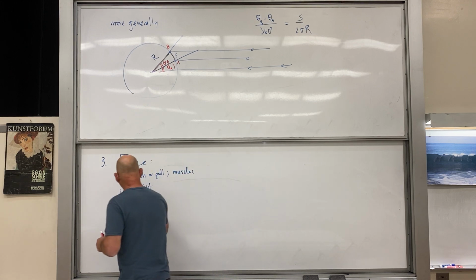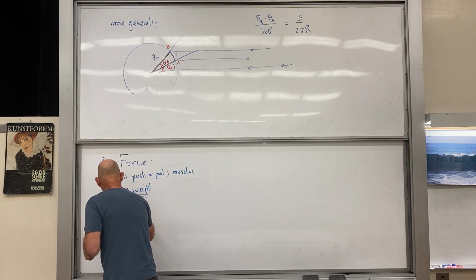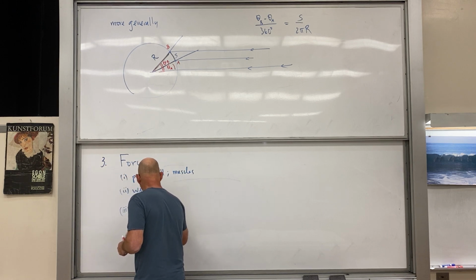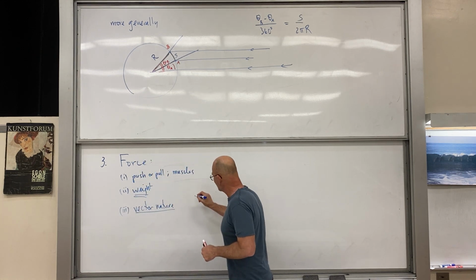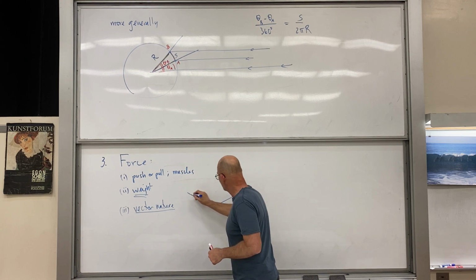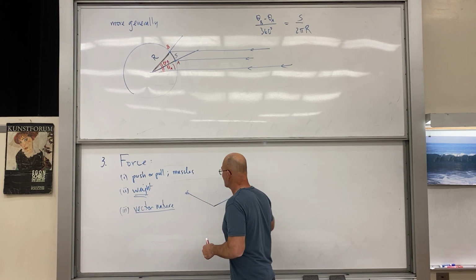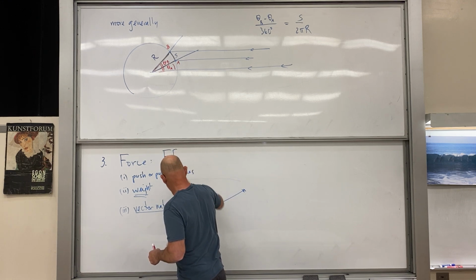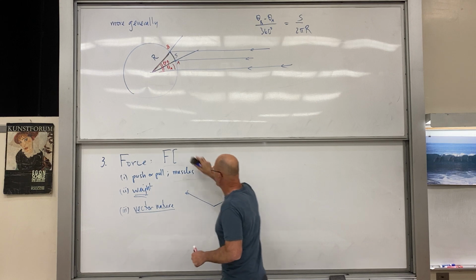Then we also had vector nature of force. So the vector nature of force, and the great example is when you suspend, by the way, the unit is the Newton.